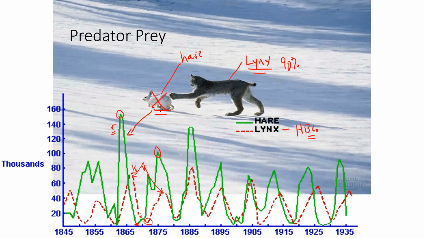When the hares crash, they actually cause the lynx population to be kept in check. So who's killing who? Well, in this picture, tag, you're it, the lynx is winning. But when the hares crash, so do the lynx a few years later, and then the cycle continues on again.